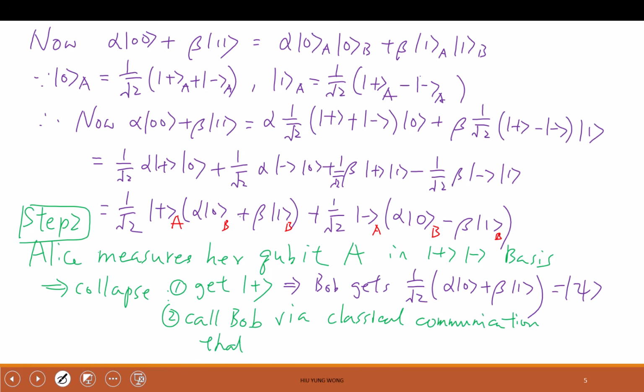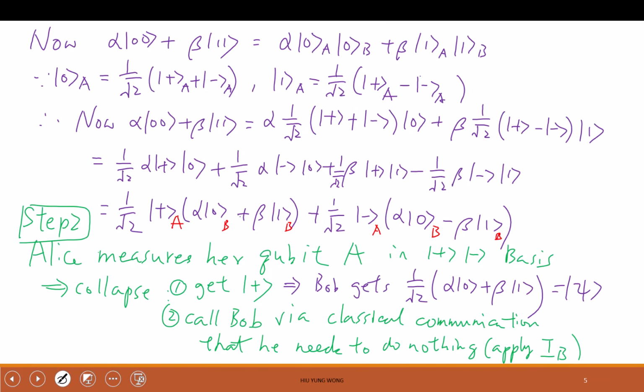That he needs to do nothing. Doing nothing means what? Apply what gate to his qubit? Apply I. Yeah. Just a minor point, we need to normalize Bob's qubit.